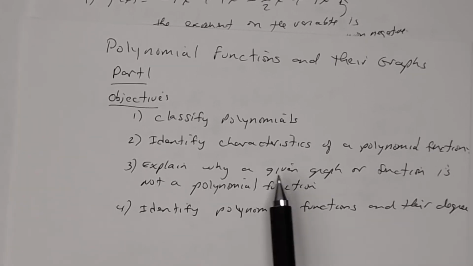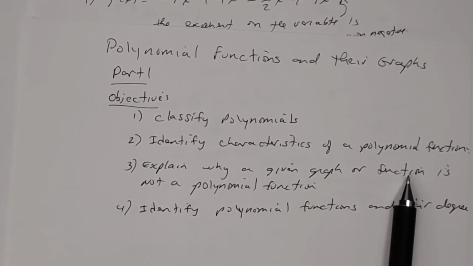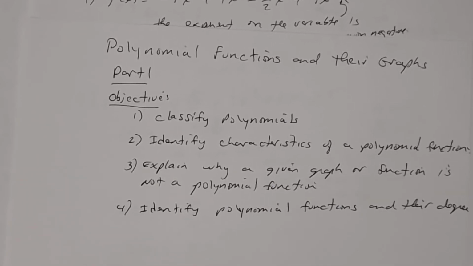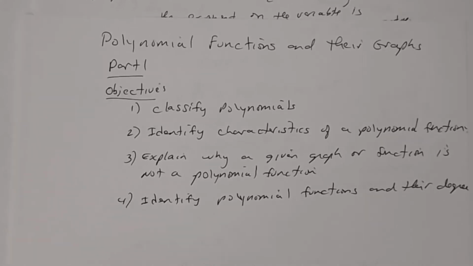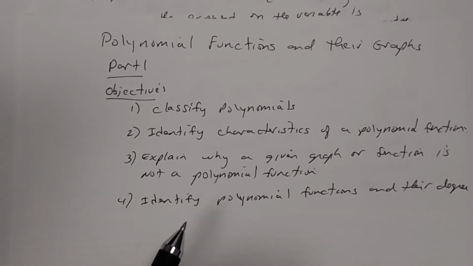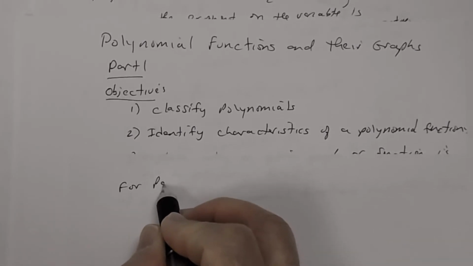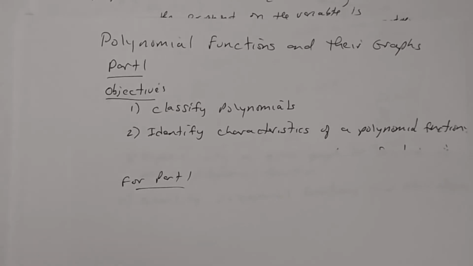We know that if the equation is given, we know whether or not it's a polynomial function. But let's talk about the graph. Real quick, let's look at some graphs and see what polynomial functions look like. We know what x squared looks like, what x cubed looks like, what a quadratic function looks like. When we get to the other parts, you're going to understand the graphs a little bit better. For right now, for part one, what I want you to understand is this.